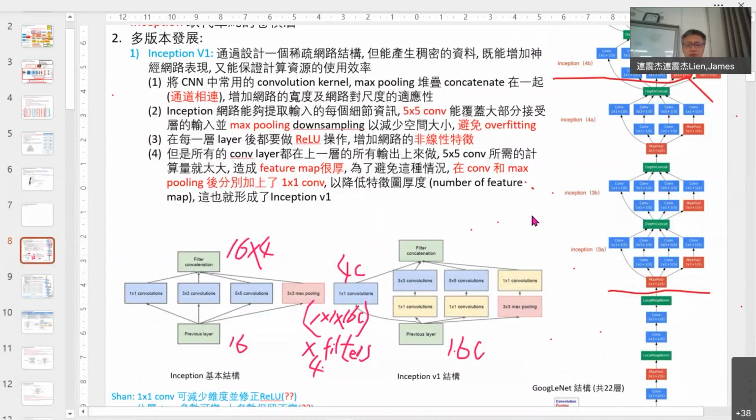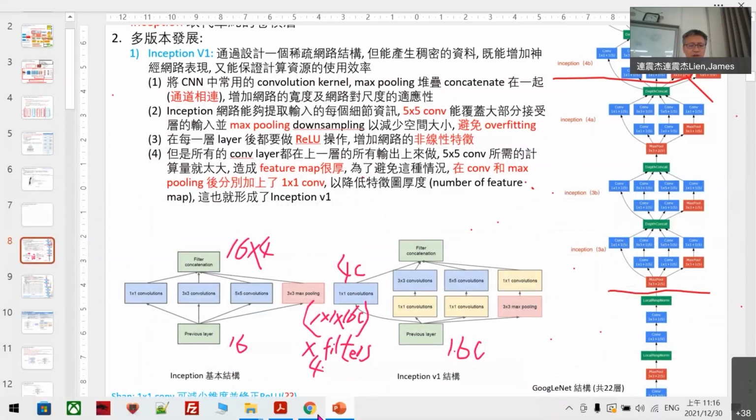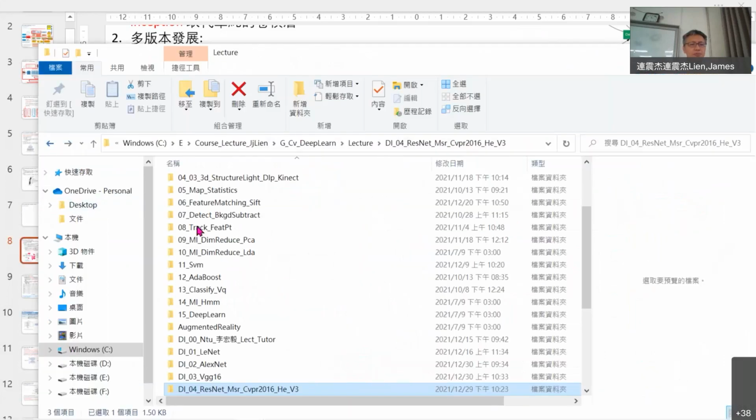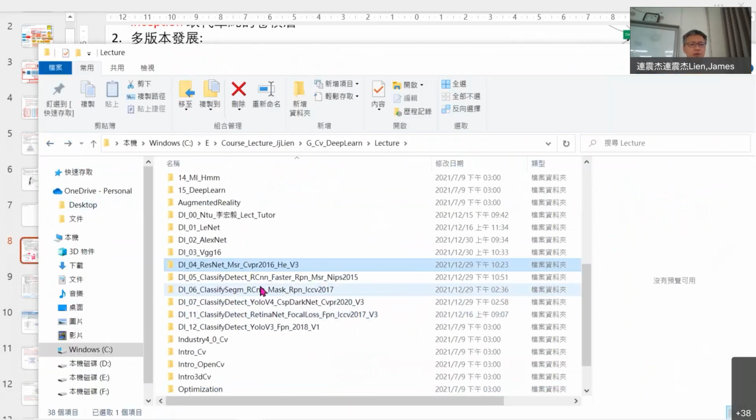看起来我们的进度还不错，我应该会多教你们一些，因为今天我会把 today I will finish the ResNet. So next week I think I can finish Vector mask RCNN 跟 mask RCNN.